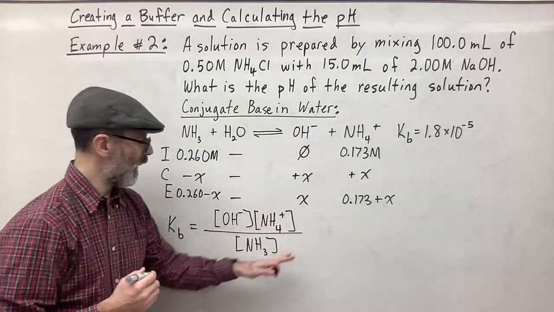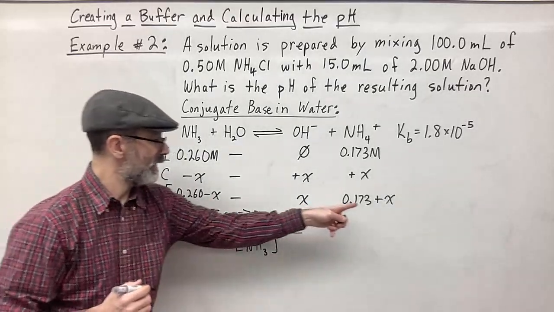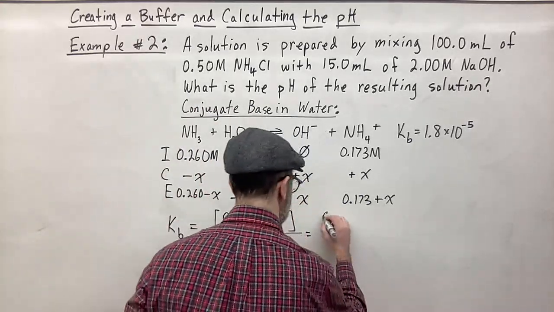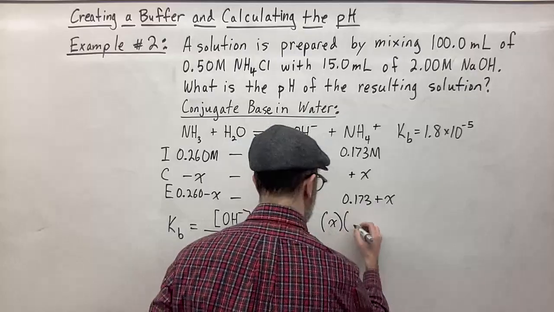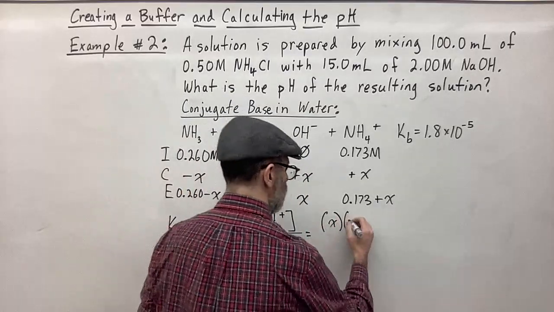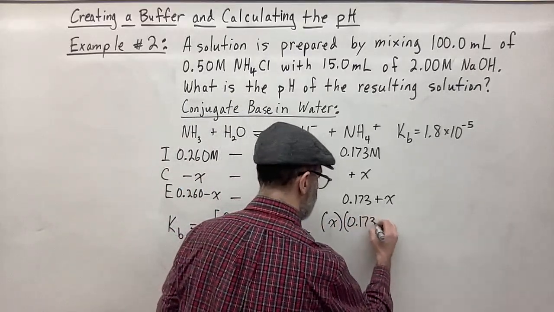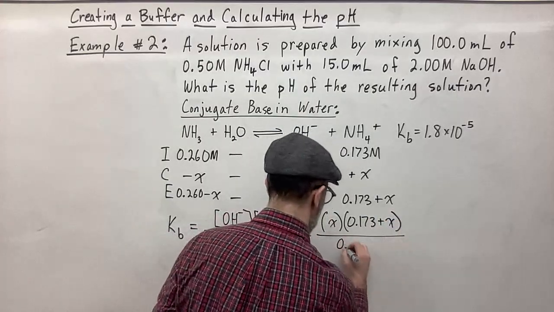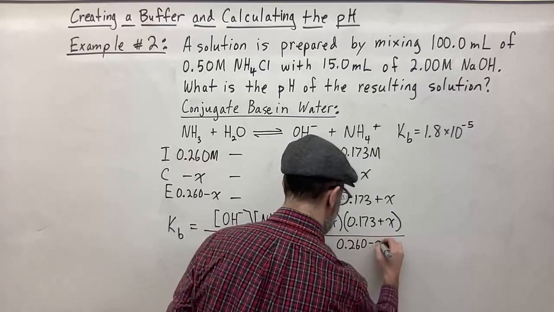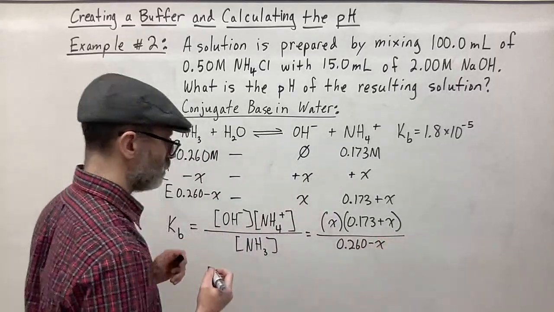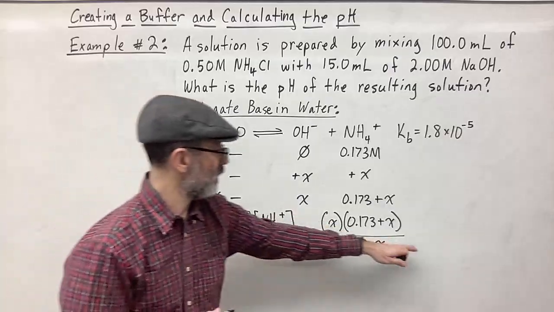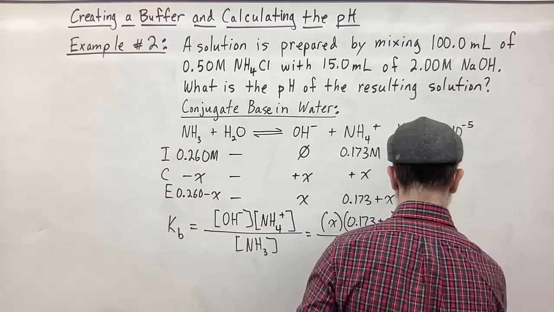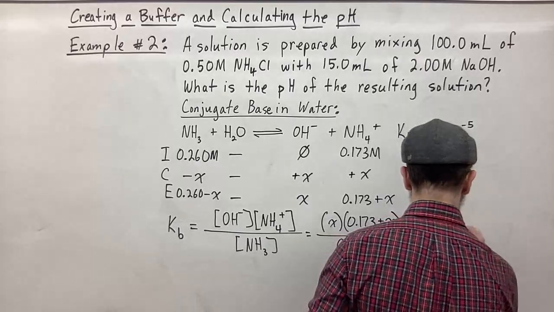All we have to do now is plug in these expressions. So this is going to be equal to X times 0.173 plus X, over 0.260 minus X. And this is going to be equal to the Kb value, which is 1.8 times 10 to the negative 5.